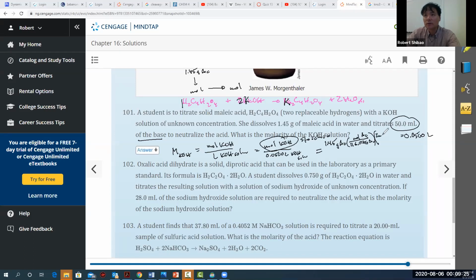So 2 moles of KOH for every 1 mole of acid. Okay, and so this is going to give me moles of pure KOH on the top, divided by liters of KOH solution on the bottom, 0.0500 liters of KOH solution. What is it going to give me?